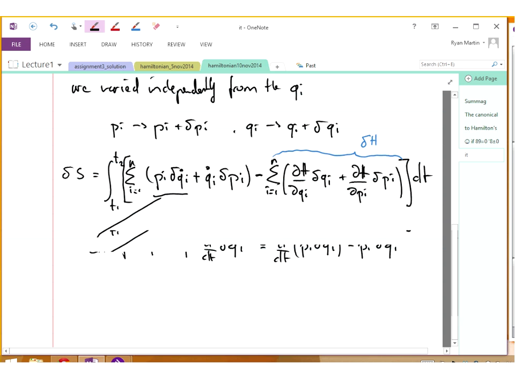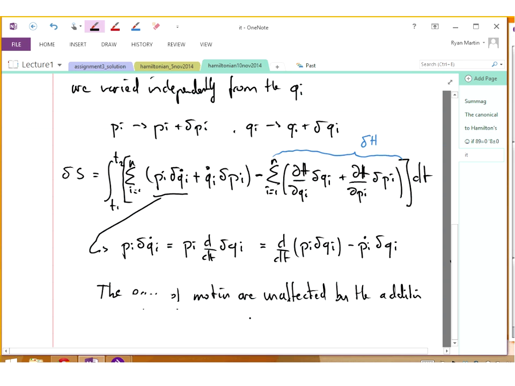But we already showed that the equations of motion are unaffected by the addition of a total time derivative to the action.